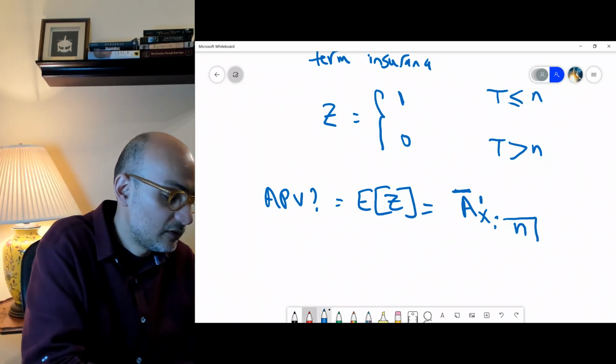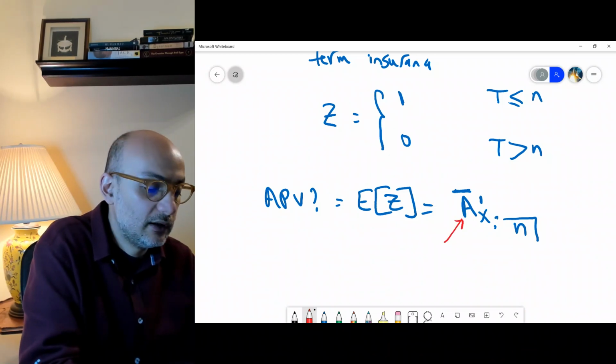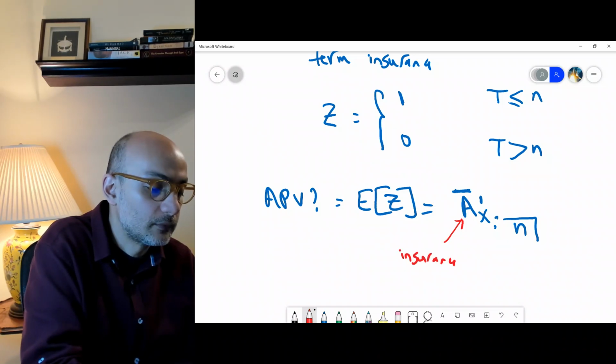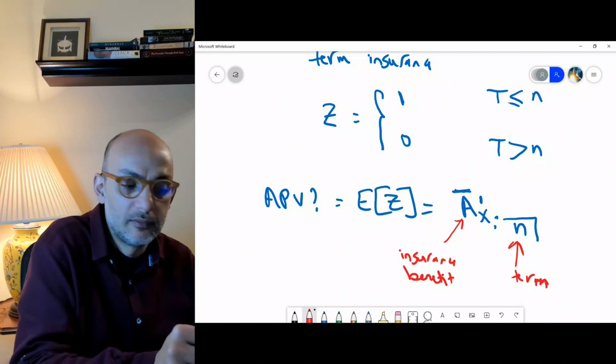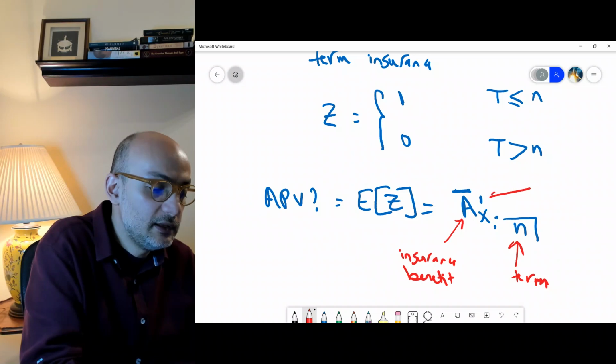So let's say again, what is this? What A tells us in actuarial science is insurance benefit. So we're evaluating insurance. n is the term. Payment is made over this term. Now this $1 here is paid during the n period.